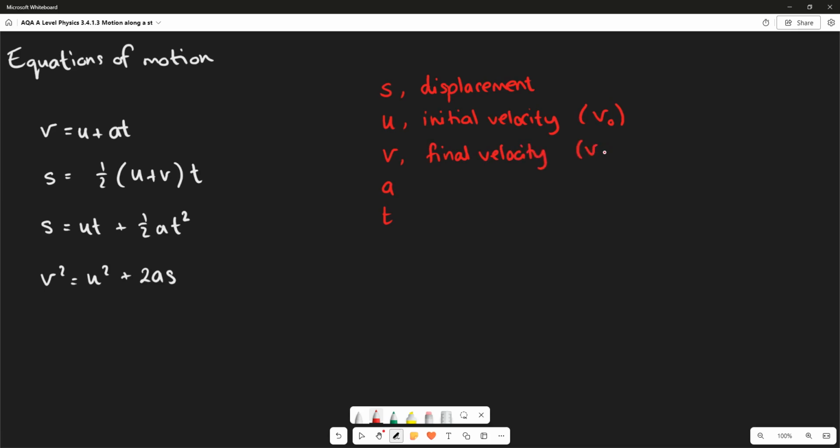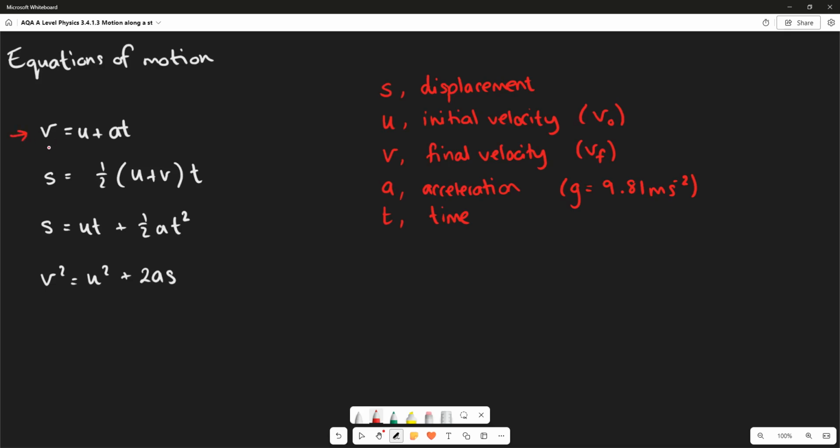You may see that as v subscript f, f for final. We have acceleration. If the acceleration is due to gravity, then we use 9.81 meters per second squared. And finally, time, measured in seconds. So these are often known as the Suvat equations, but more accurately, they are known as the equations of motion.